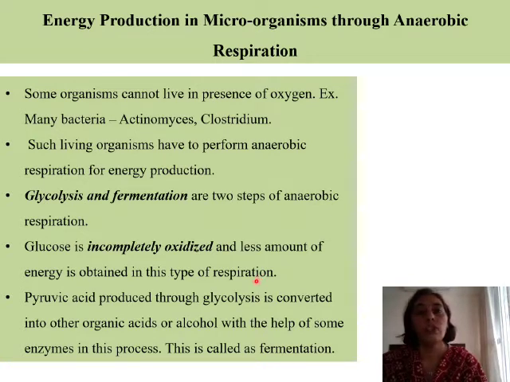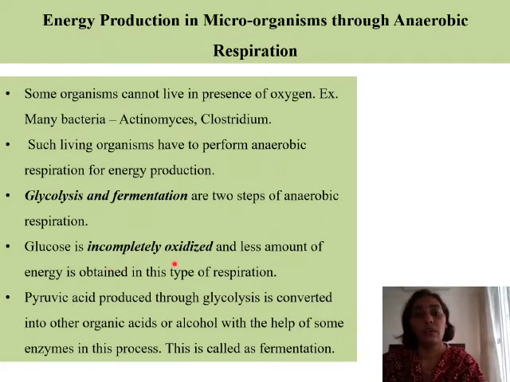But because here the respiration is anaerobic and it is taking place in absence of oxygen, we find that the substrates like glucose remain incompletely oxidized. When the burning or the oxidation is incomplete, we know that there is wastage of fuel and the energy generation that will take place will be very less. So this is one of the major differences, that is less amount of energy we will be obtaining in case of anaerobic respiration.